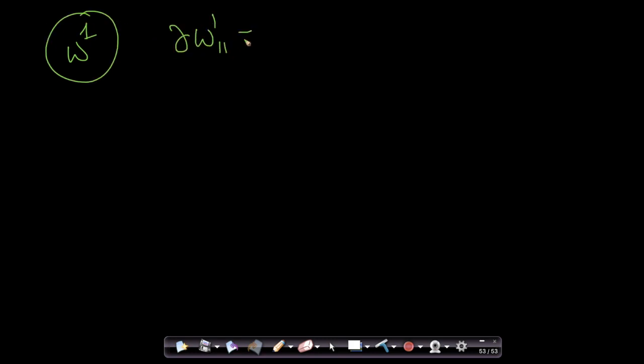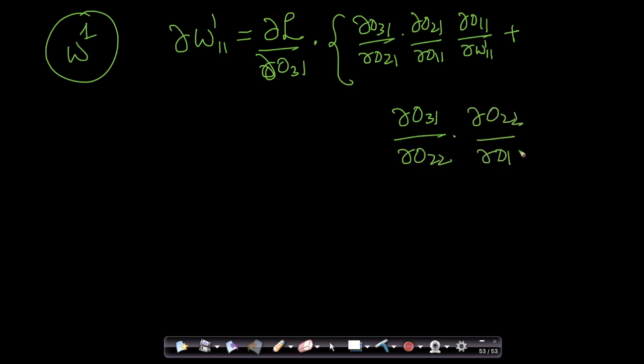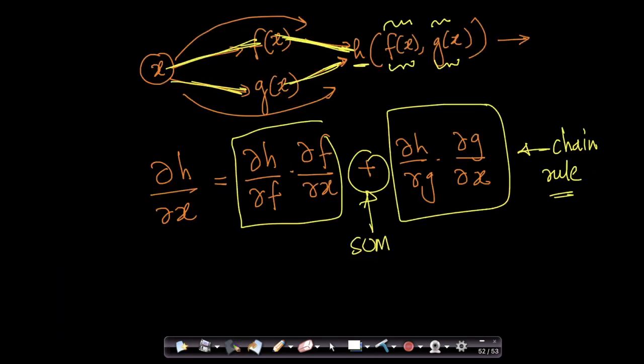Derivative of W11 is equal to derivative of loss with respect to O31 multiplied by derivative of O31 by O21 and O21 by O11 and O11 by W111 plus derivative of O31 by O22 and O22 by O11 and O11 by W11. This is a slightly complex one, and you have this summation because there are 2 paths, right?